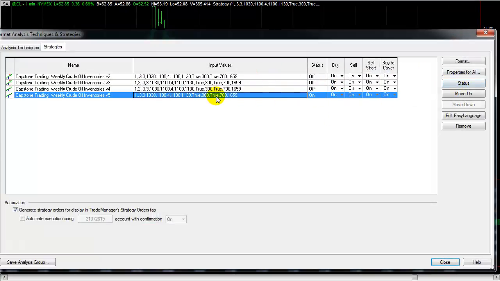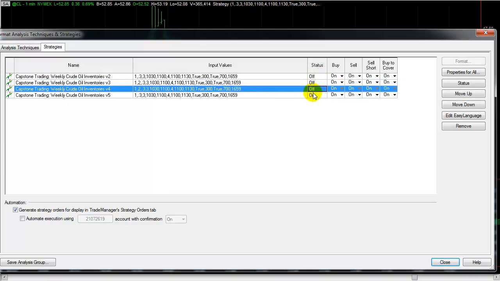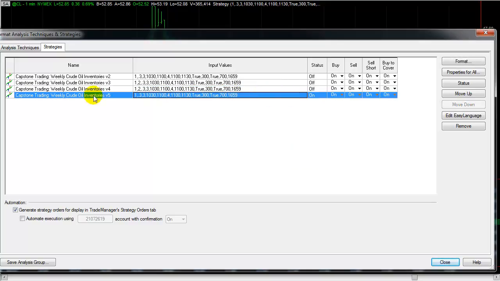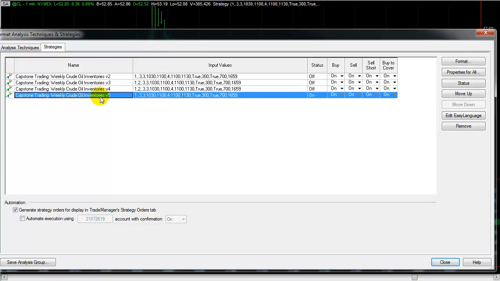These are different ones I'm testing, and this is the current one that we're running, and these are other tests that I've been testing. The only difference between this one and the one we're running is that it requires the market position to be flat, which is what you have to do in NinjaTrader as well. Even though we're still running this one, we wanted to make that one little change to see how closely we could match NinjaTrader.